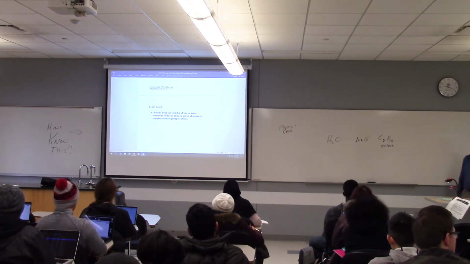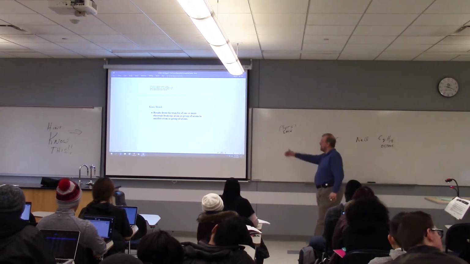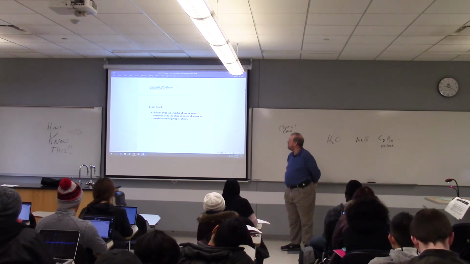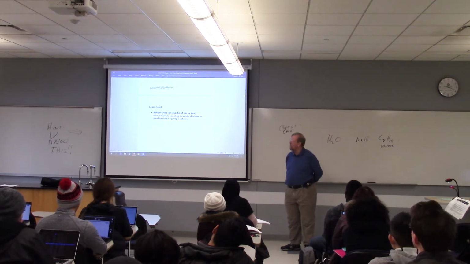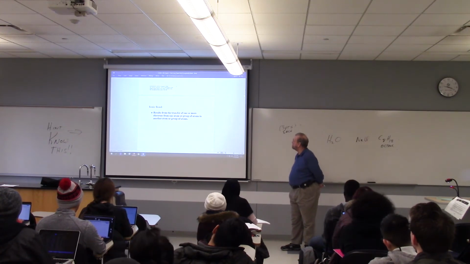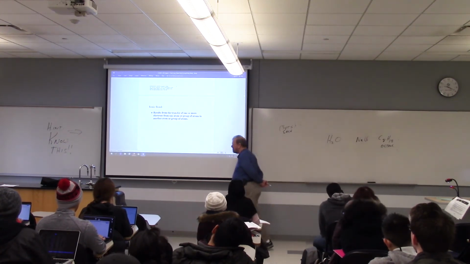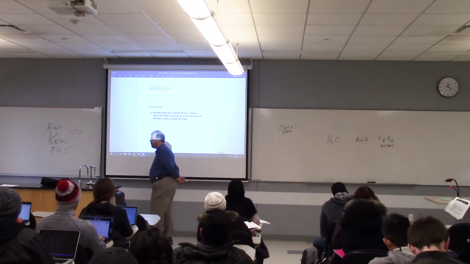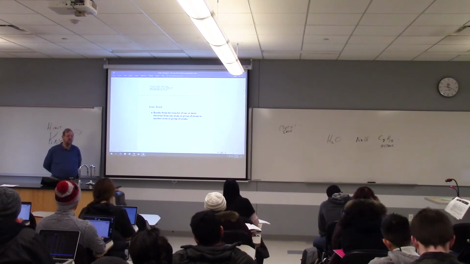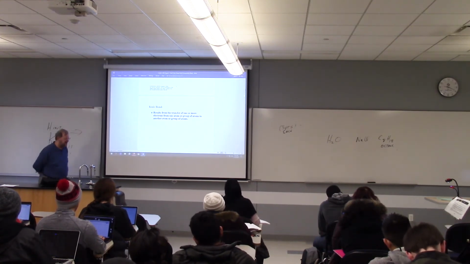All right, what's an ionic bond? What's a covalent bond? An ionic bond results from the transfer, and it's important, of one or more electrons from one atom or group of atoms to another atom or group of atoms. So what's happening? You're transferring one or more electrons to form an ionic bond.